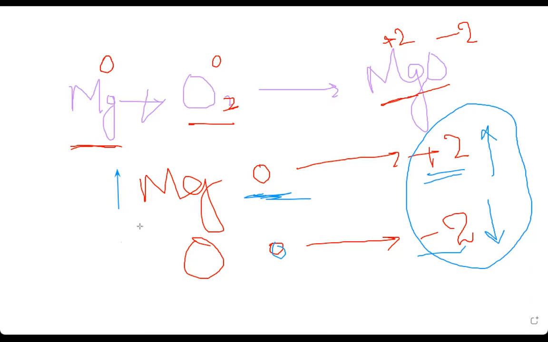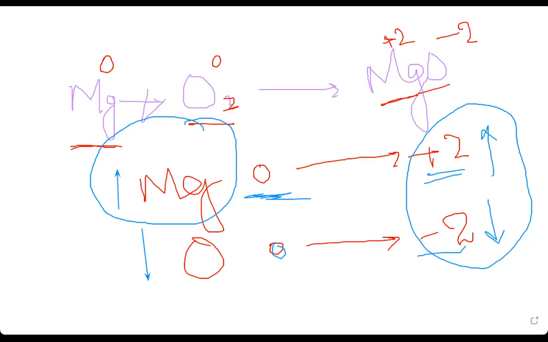For oxygen, the oxidation state is decreasing, and a decreasing oxidation state is called reduction. So you can say that magnesium is getting oxidized and oxygen is getting reduced. At magnesium, there is oxidation, because the oxidation state is increasing. What is the oxidation state? The current situation. What is the element doing right now?